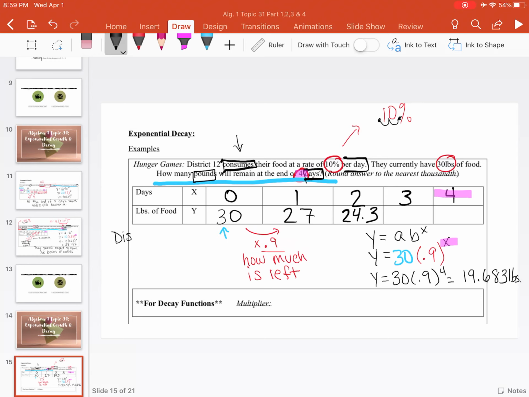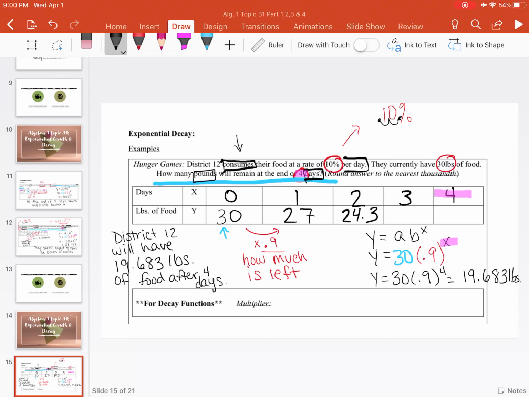So District 12 will have 19.683 pounds of food after 4 days.